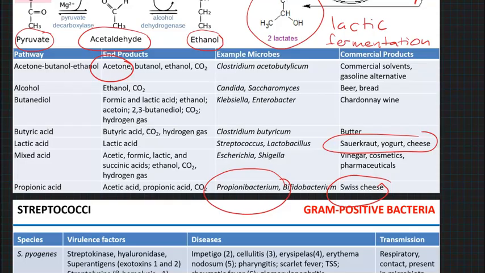Now, if you wonder what is the connection between the acne and the Swiss cheese? If somebody has a zit, and they pop the zit and spread that white substance between their fingers, it's going to smell like Swiss cheese.